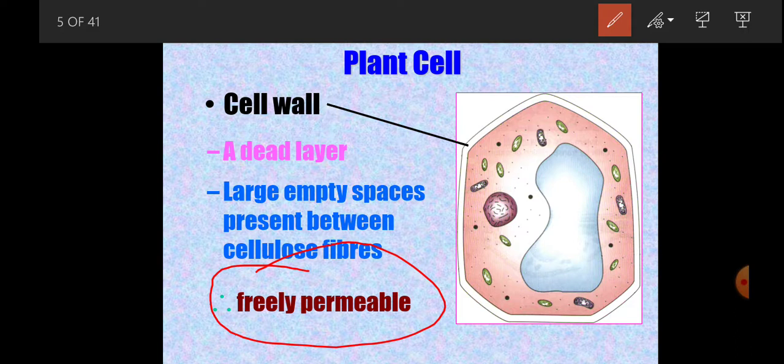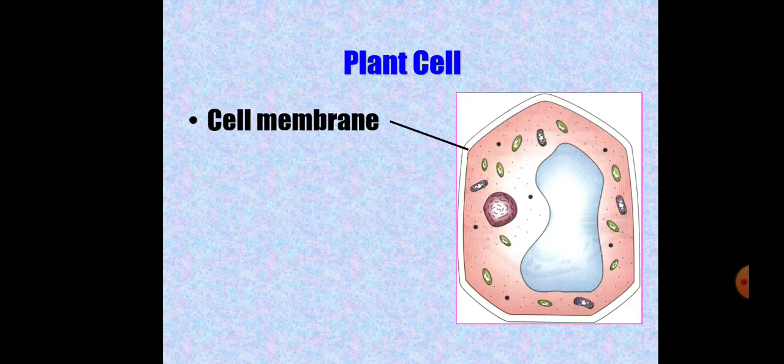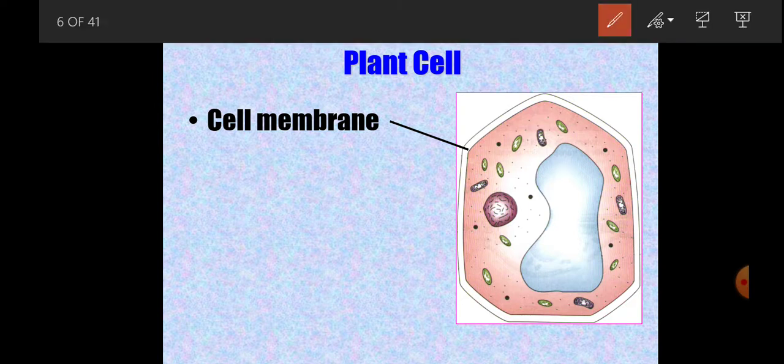Semi-permeable meaning it selects the substances that get in and the substances that get out. So actually you can see here the cell membrane just comes immediately after the cell wall, and the cell membrane is selectively permeable. Unlike the cell wall, which is freely permeable, the cell membrane will only allow some substances to get into the cell. It will not allow all of them.